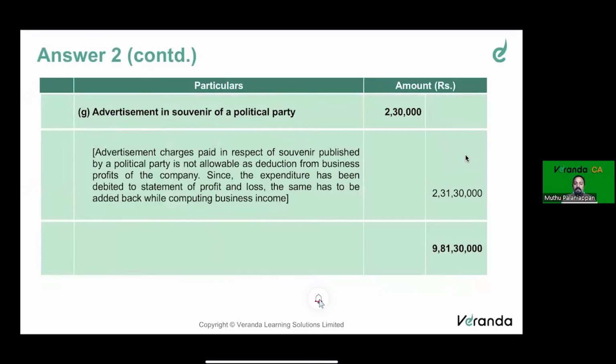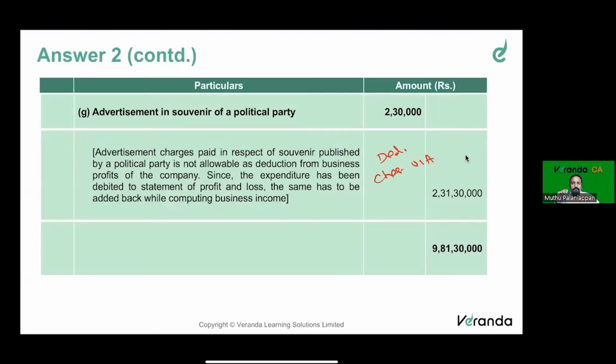Next, advertisement in souvenir of political party. We said under 37(2B), it is not an allowed expenditure. However, we said it is eligible for a deduction under chapter 6A. So in chapter 6A, it is an eligible deduction. You can always claim whatever amount has been donated to a political party.